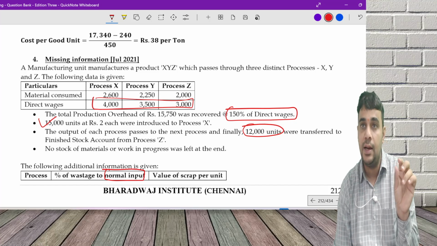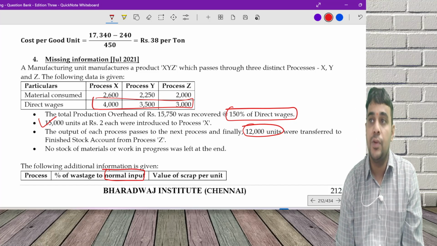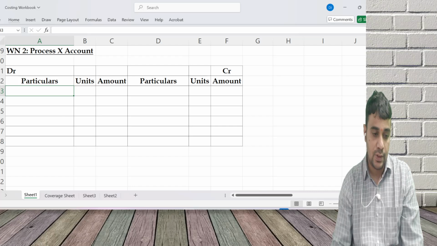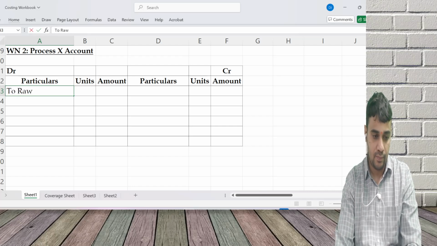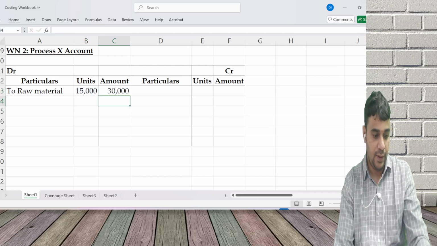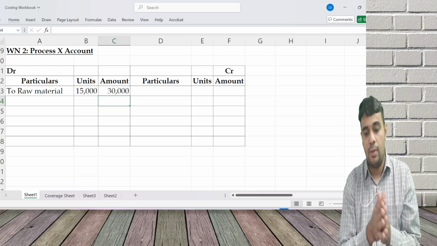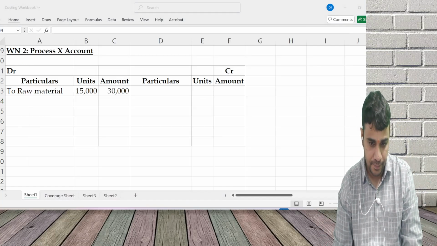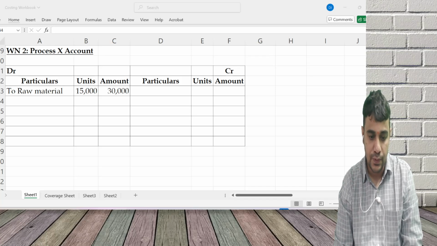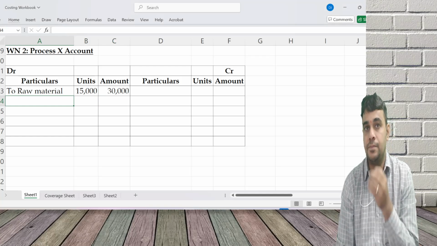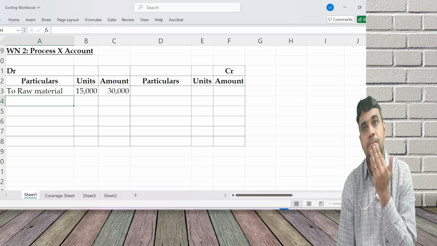The main raw material is in the information: 15,000 units at 2 each were introduced to process X. Raw material, 15,000 into 2. Clear?